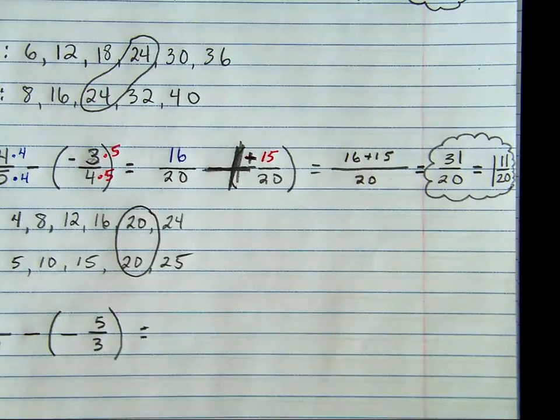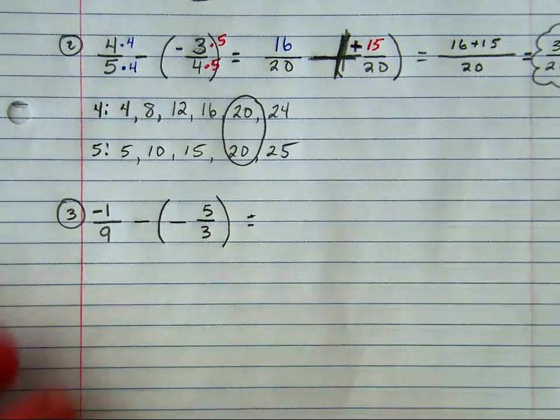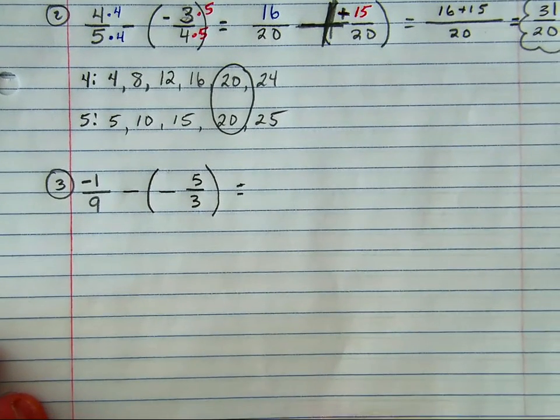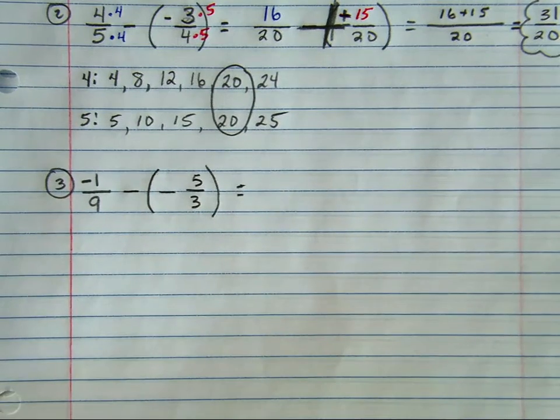For number 3, we're going to do negative 1/9 minus negative 5/3.